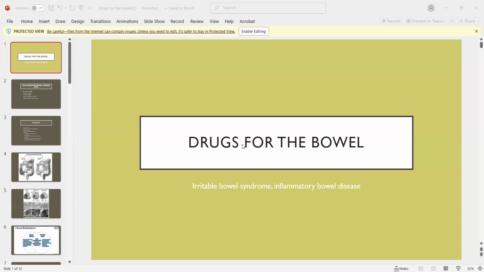Same thing with the TNF inhibitors. We talked about those already as well. Those are used both for ulcerative colitis and Crohn's disease. The drug adalimumab, otherwise known as Humira, is quite effective in Crohn's disease.